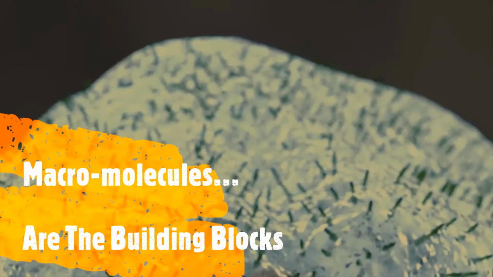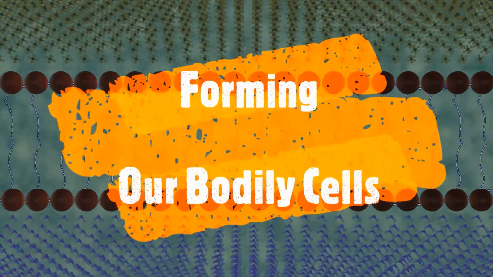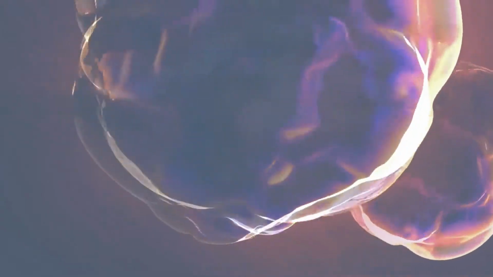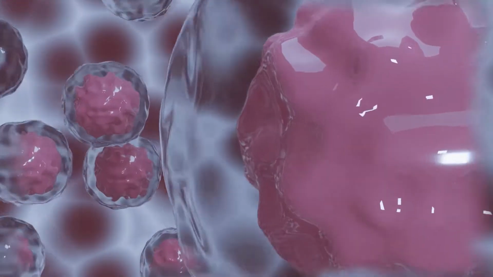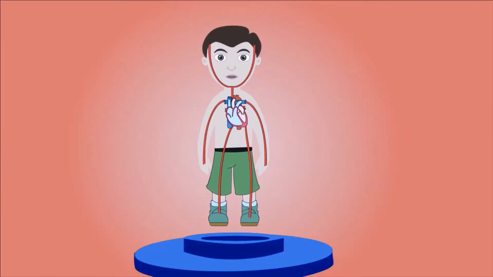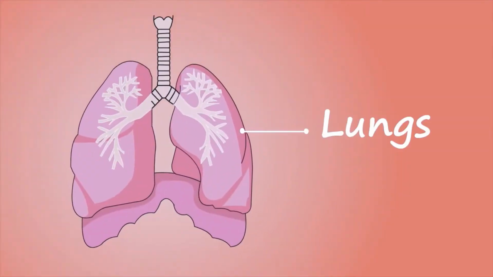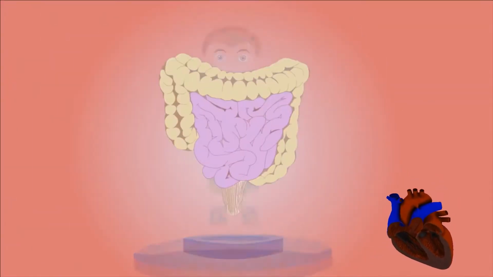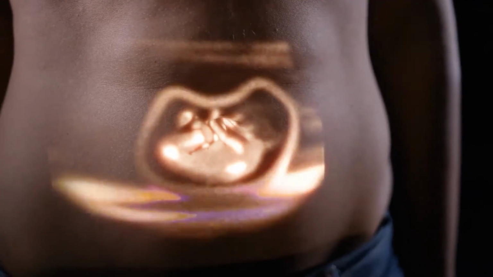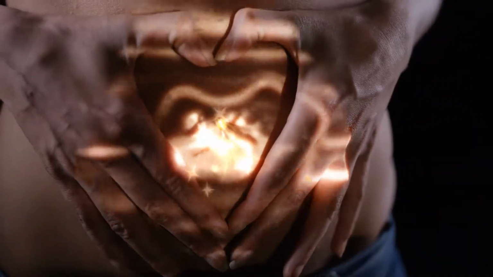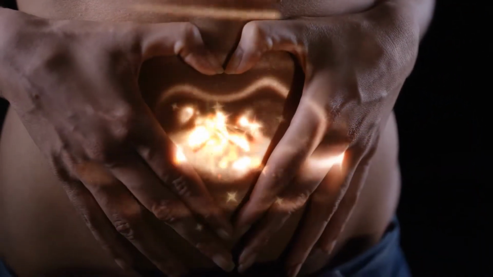Rather, they are the building blocks, bonding to form into our cells, the individual structural and functional bodily subunits that will create our tissues. These tissues form into the organs that form the functioning systems of our body, for example, the cardiovascular system. Amazing, yes, as this entire functioning system is created from, and therefore fueled by, the nutrients that are contained within our foods.